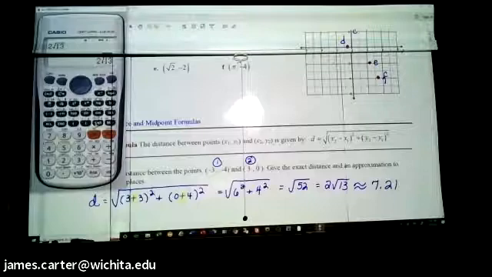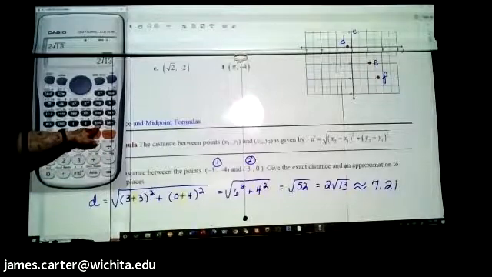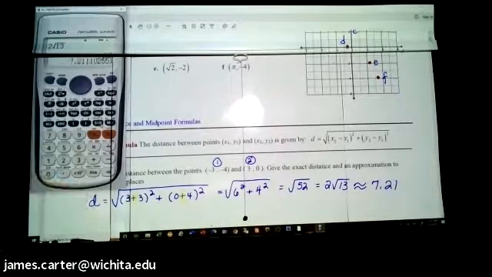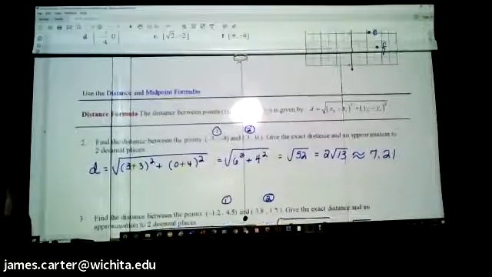If you use this standard-decimal key right here, that will toggle you back and forth between a standard form answer and a decimal answer. It's not real obvious what that key is. Okay, that said, let's go on to problem number 3.